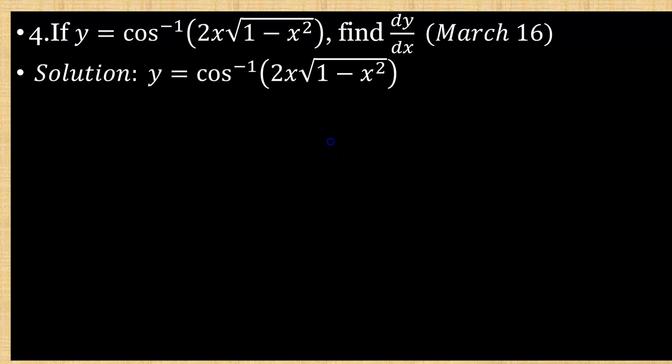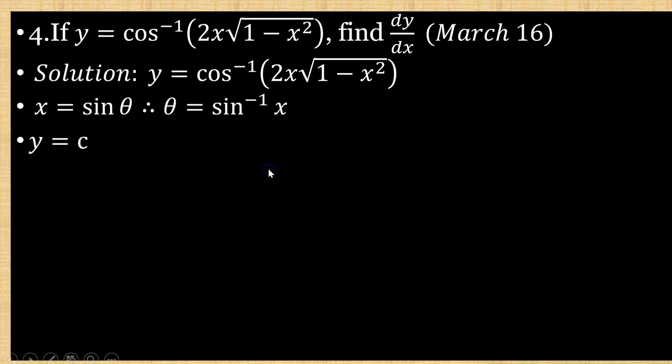Okay, the problem. Here we will substitute x equals sin theta and therefore theta equals sin inverse of x. So you have to remember all the charts, formulas and tables I showed you, and using that we substitute x equals sin theta, and therefore theta equals sin inverse of x.